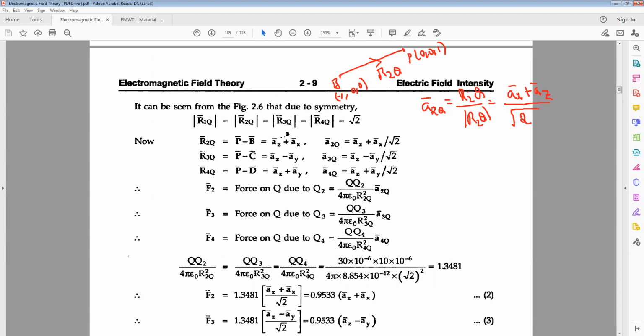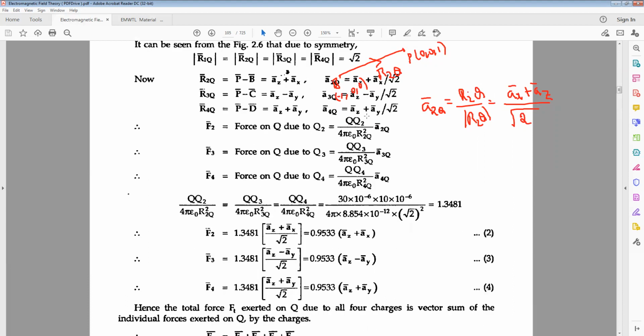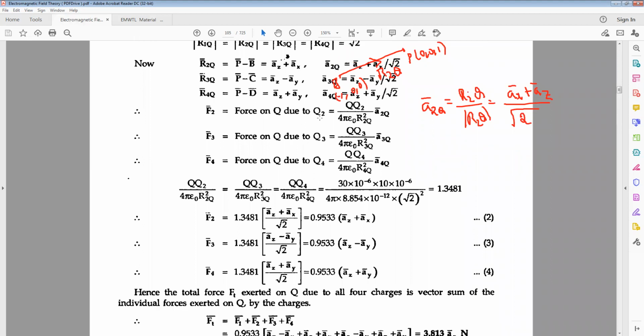So the force exerted F2 is equal to Q2 by 4 pi epsilon naught R2 square A2 bar. Substitute all the values and find the magnitude of F2, the same thing, 0.9533.